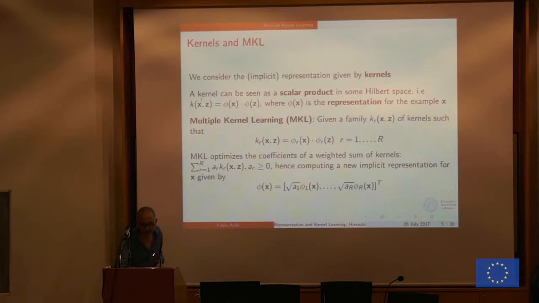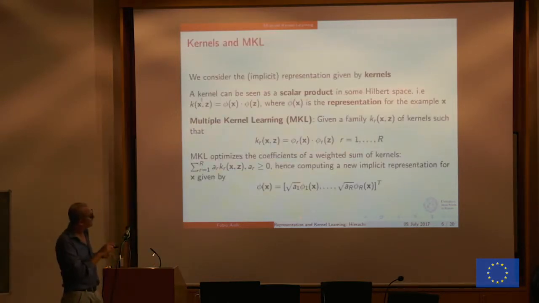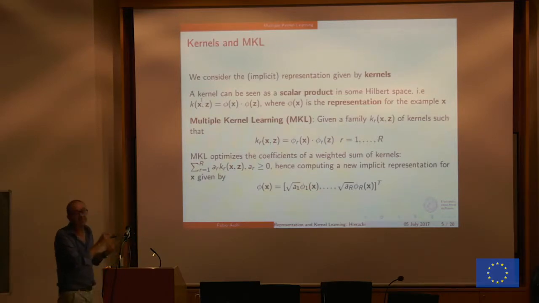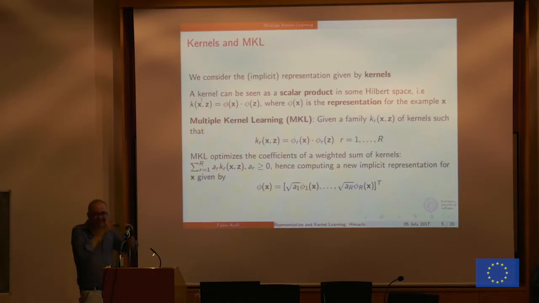Okay? So the idea here in this part is to define this vector in a way that the expressiveness, the complexity, gives a representation of increasing complexity, and to find the right tuning of this complexity.